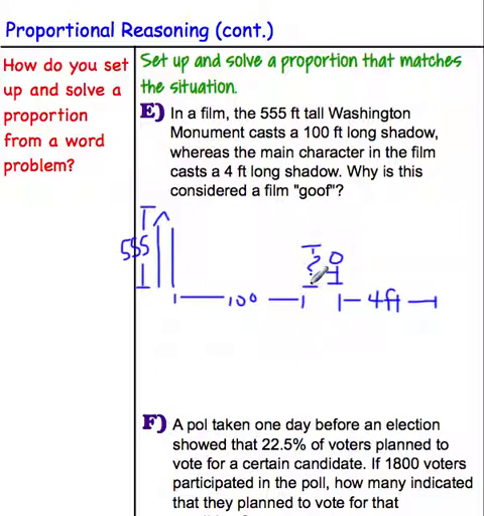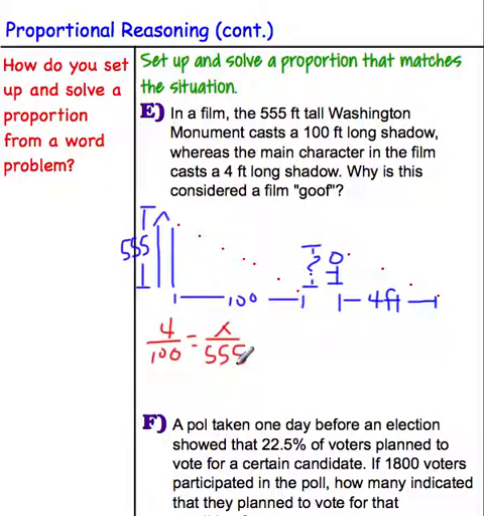So if we set this up, we want to keep things that match up. So I look at this as being like similar triangles. And so that means that the bases are proportional, a ratio of 4 feet to 100 feet, just like our x, or the height of our person, should be proportional to 555 feet.